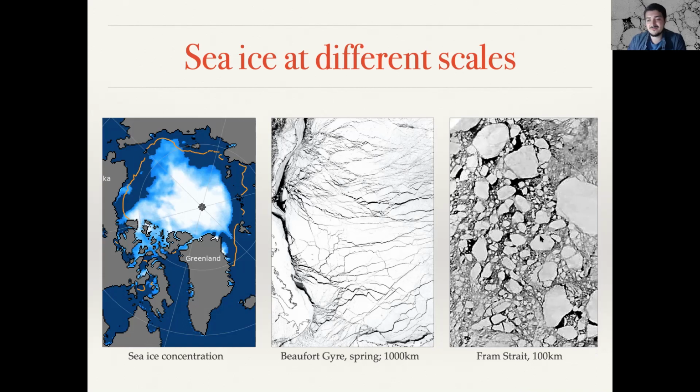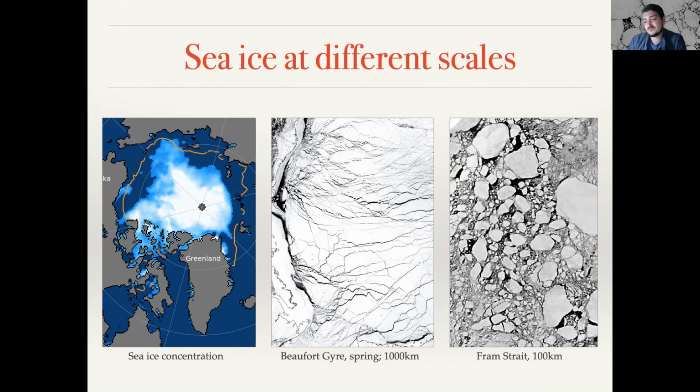Now, of course, these are two different dynamical regions, but nonetheless, what's the problem here? The problem is that we have floes which are gigantic in size, and they behave for some time as a more or less rigid body before they get fractured into pieces by various types of forcing, including waves from the ocean, but also collisions between floes. And you also have a huge number of smaller pieces over here.